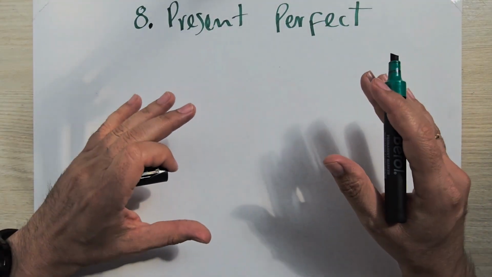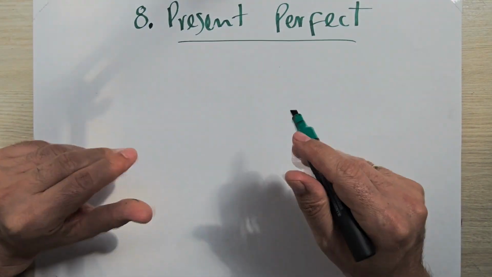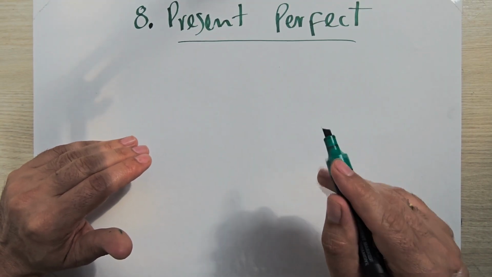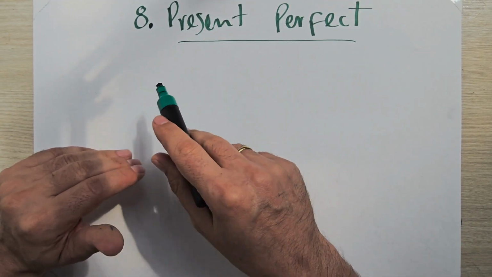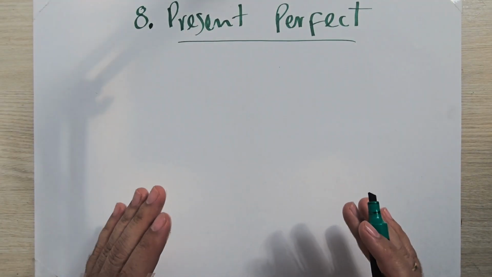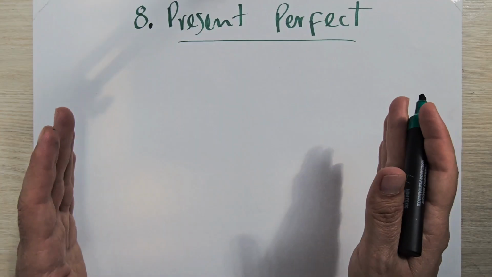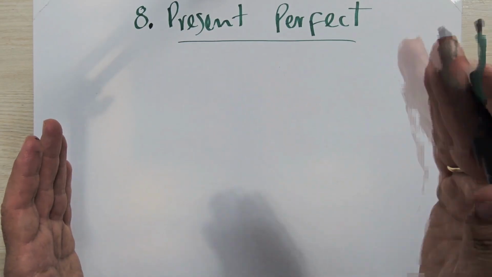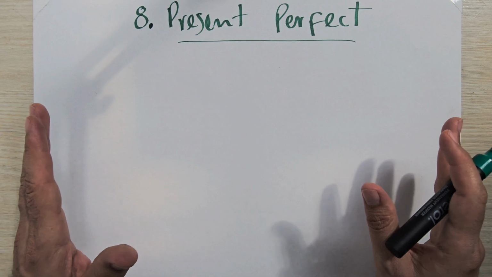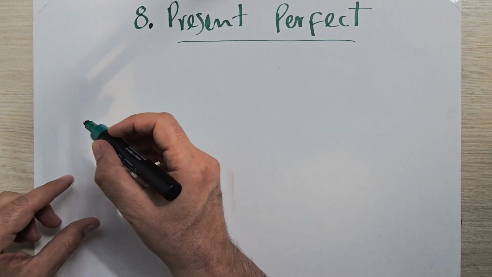In Spain they use a lot the present perfect, and just like in Latin America, they use it to express actions that started in the past and continue in the present. Let's check out the structure, which is very simple. We need the verb haber.